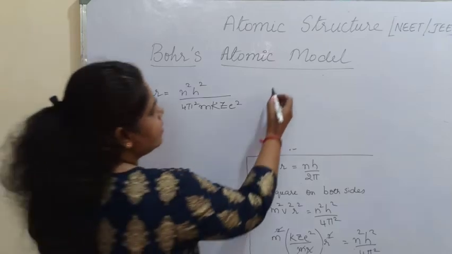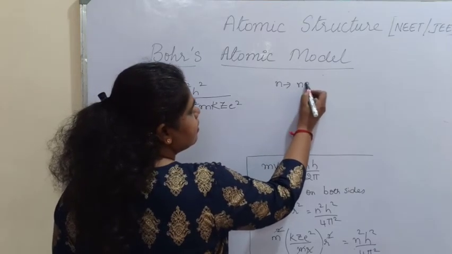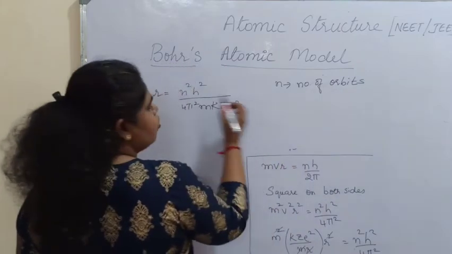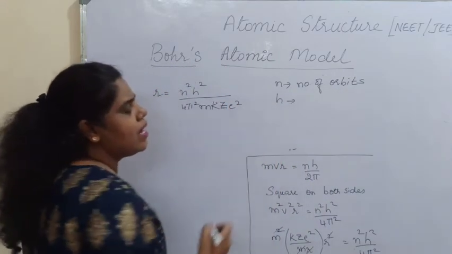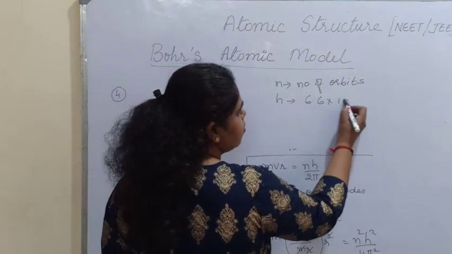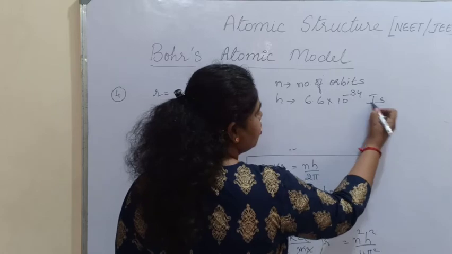Now what is n here? n is the number of orbits. What is h? h is called Planck's constant and its value is 6.6 into 10 to the power of minus 34 joule second.